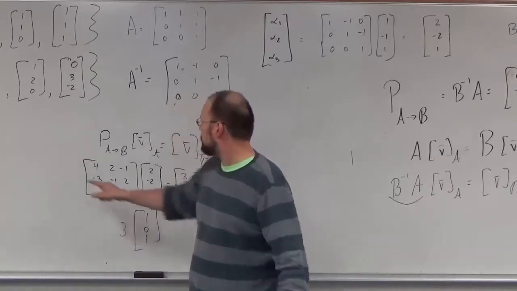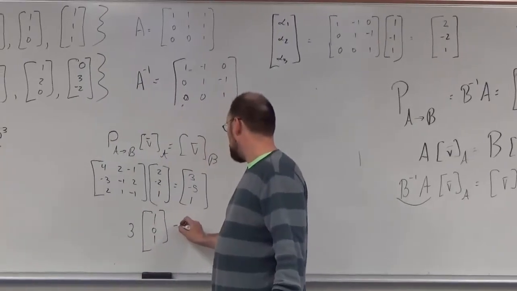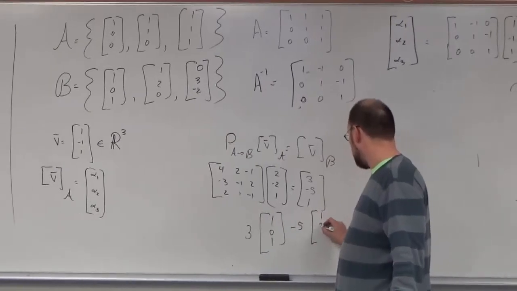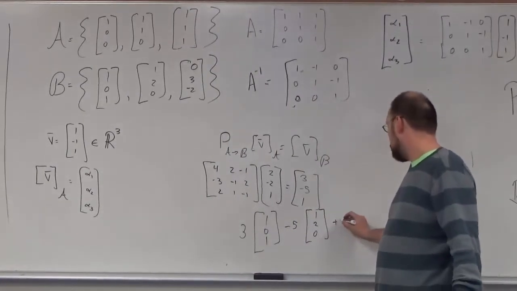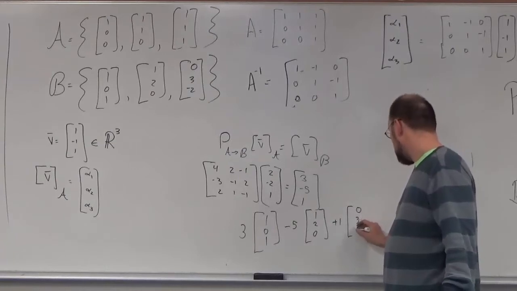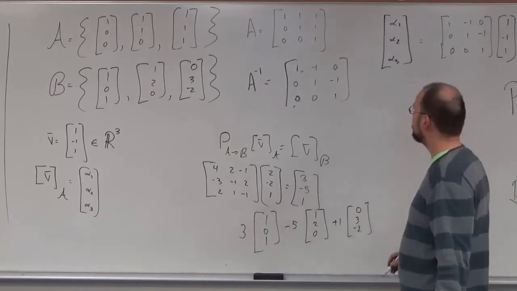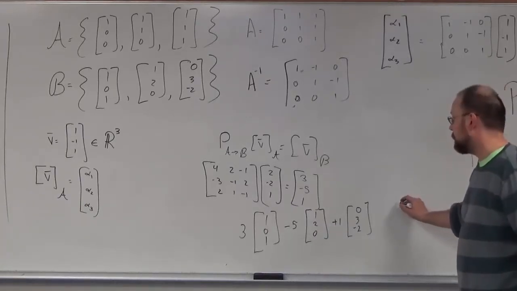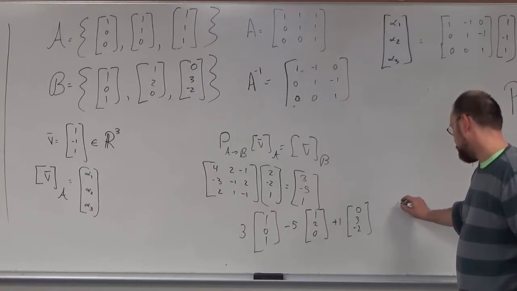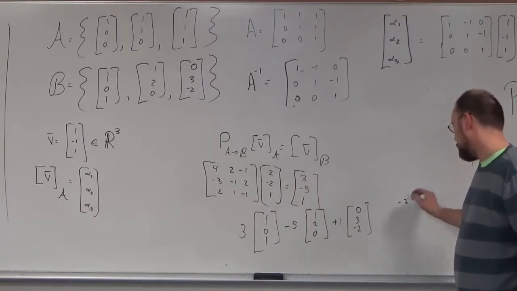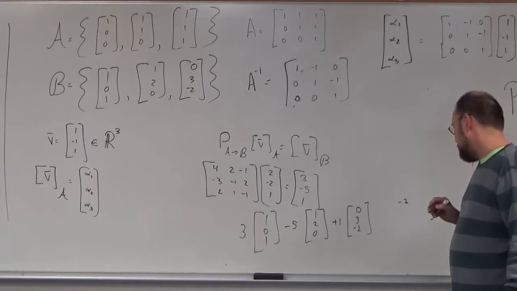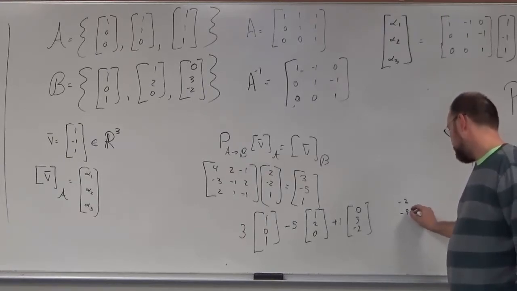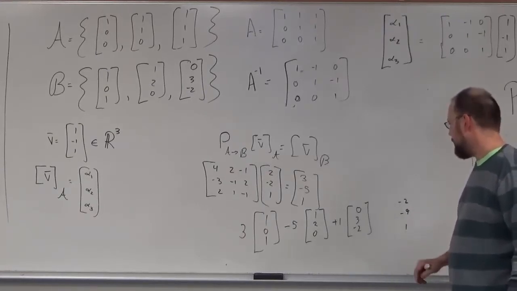So 3 times the first basis element, minus 5 times the second basis element, plus 1 times the third basis element. Oh, that sucked. Okay, I get negative 2. Yeah, this is not too good. So 7 and 1. So I did something wrong.